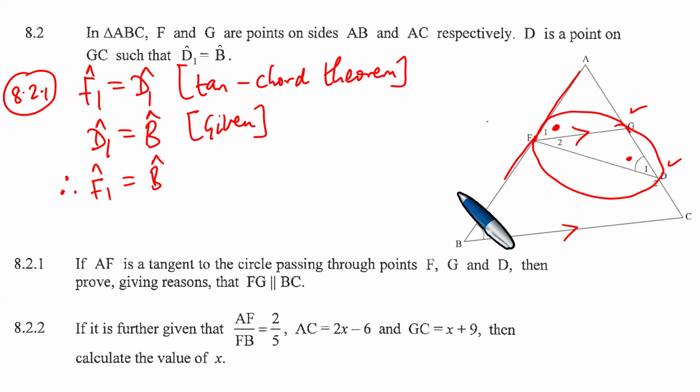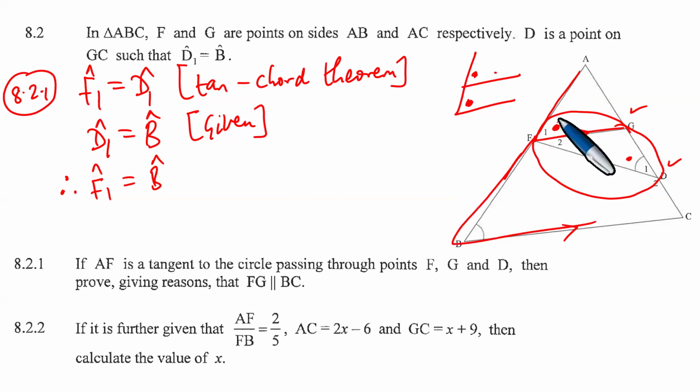So now we're back to grade 10. If you have something like this, an angle equal to this, what can you say about these two lines here? Because we're saying F1 is B, the conclusion is that FG must be parallel to BC.